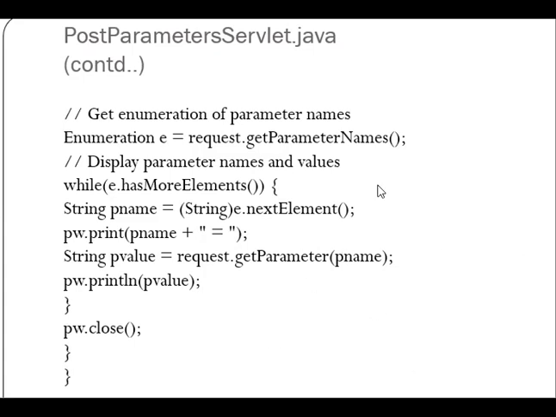Where will it be printed? We have placed it in the response object. So on the HTML side, on the client side, we have to read it and display it.